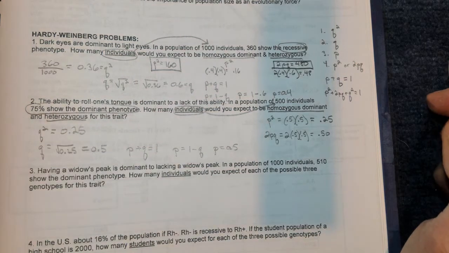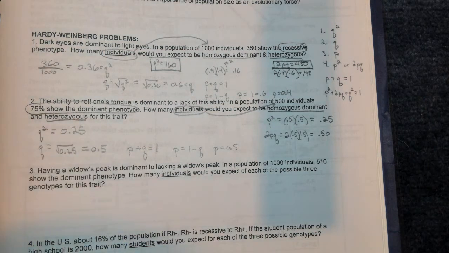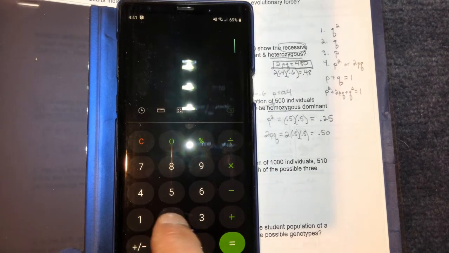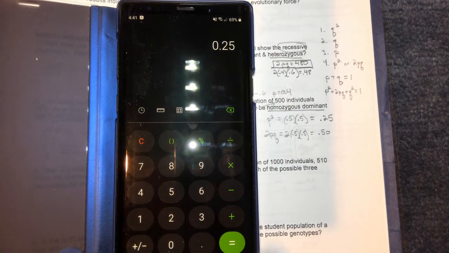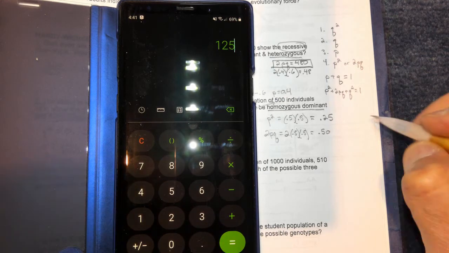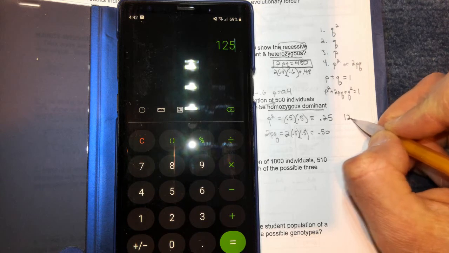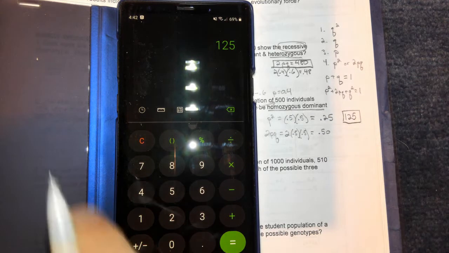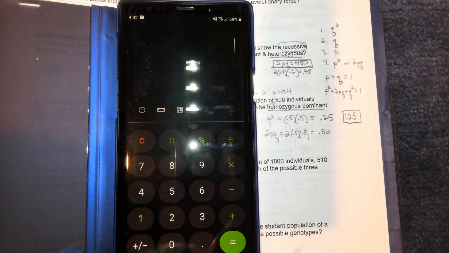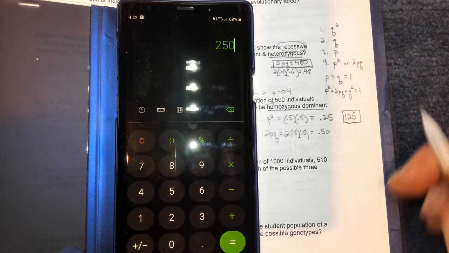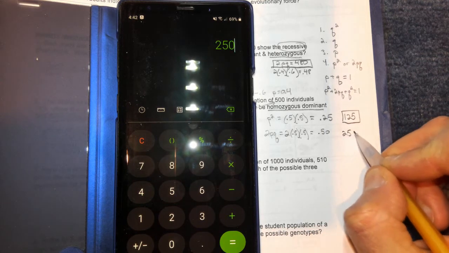Now we have to figure out what is 25% of 500. To do that, we take 0.25 times 500, and that equals 125. So my answer here is 125 individuals for my p squared. I now want to take 50%, 0.5, of my 500 total, and that is 250.